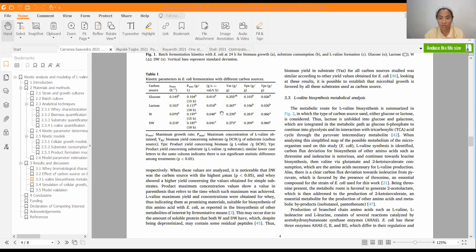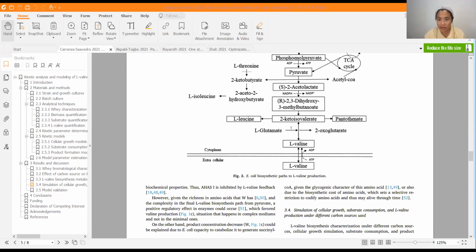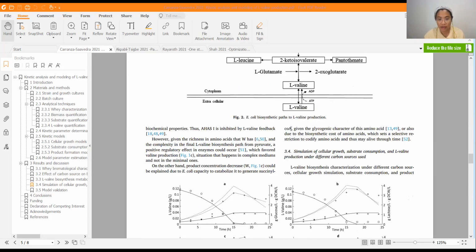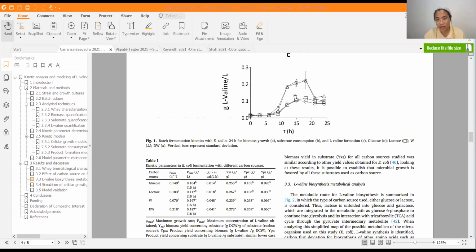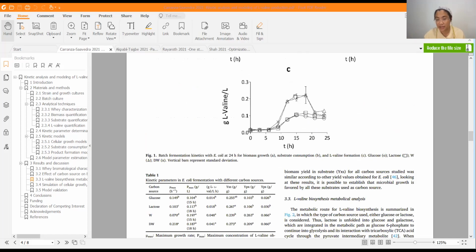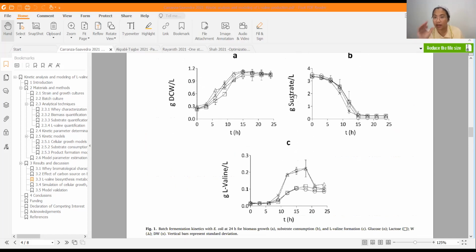So the points here are the experimental data, and the kinetic parameters, let me see later on. So that is the experimental data, but it's not the curve fitting yet. One thing that you see in this graph, I hope you see what I see, is that you have an error bar here.